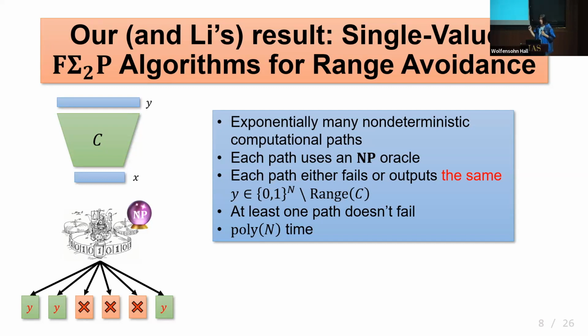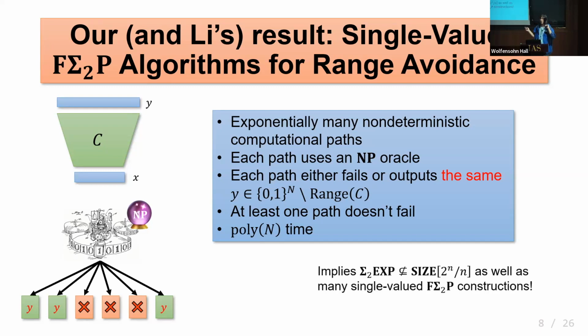Then each path either fails or outputs the same string y, and y should be a non-output of C. And at least one path doesn't fail. And finally, we take poly capital N time. This single valued FΣ2P algorithm will imply Σ2EXP requires near maximum circuit size, as well as single valued FΣ2P constructions for all the objects mentioned in the list before, like Ramsey graphs, rigid matrices, and so on.